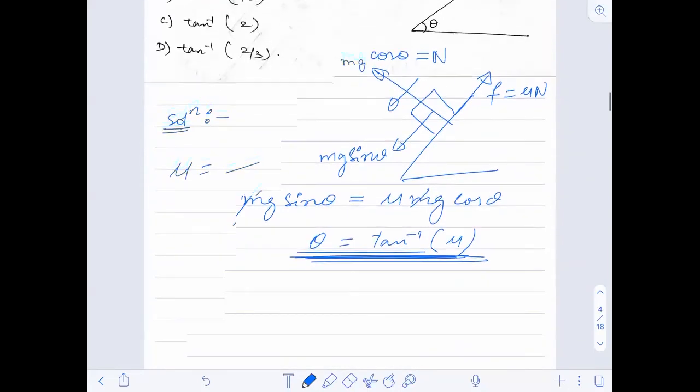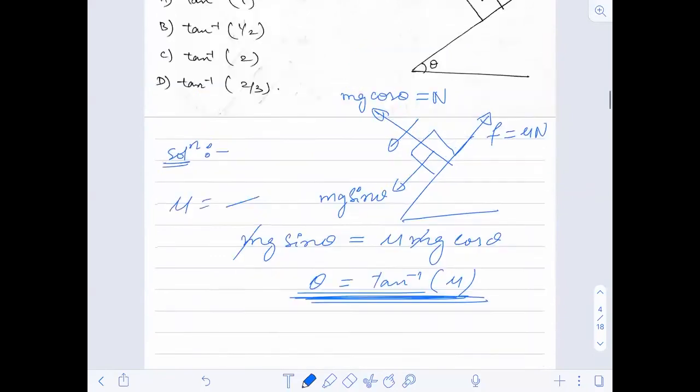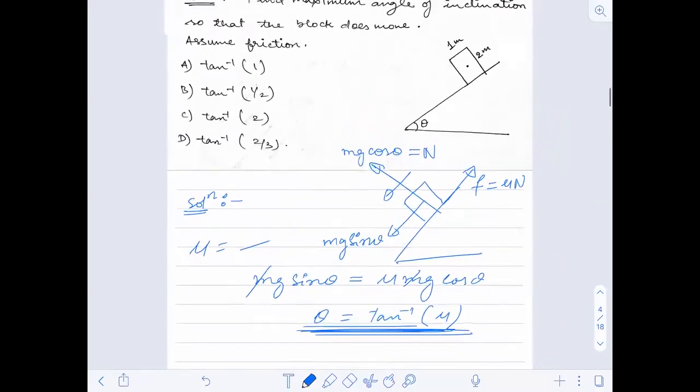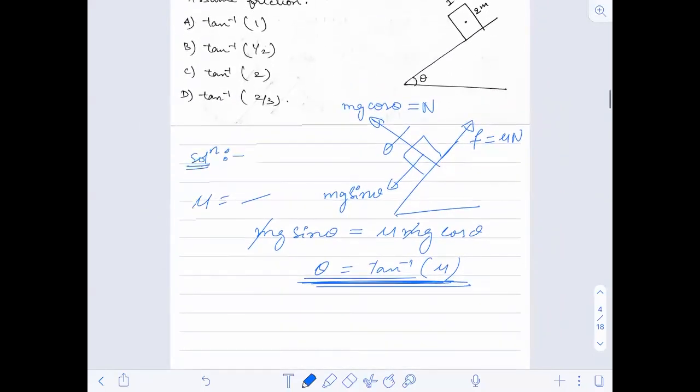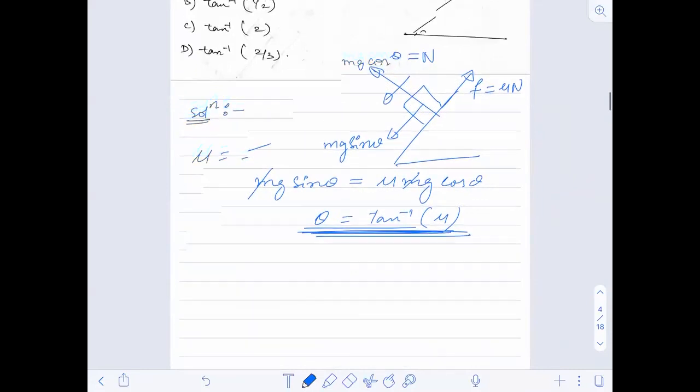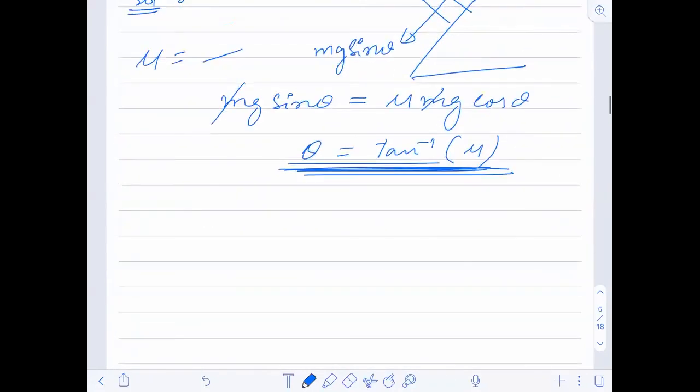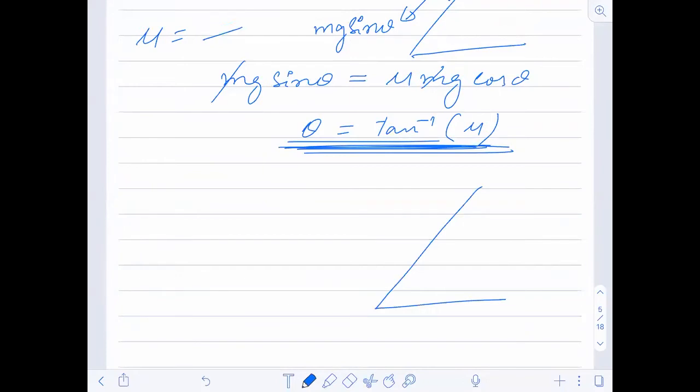But now you have to check for the toppling. In toppling, what is actually going to happen is, from this point, this block will try to rotate like this.